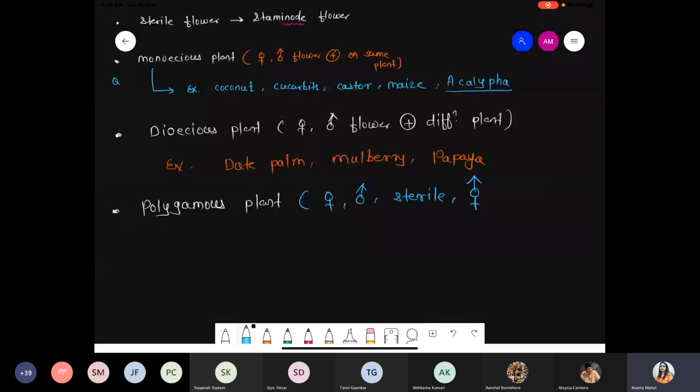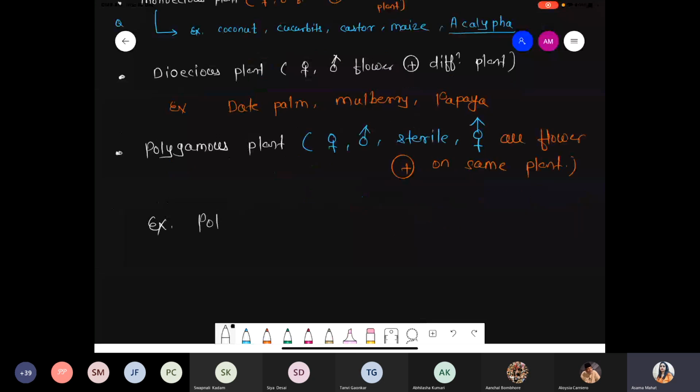Such a condition, obviously the name originated from Polygonum, so it is present in the Polygonum plant. Another example, lychee. This condition is also present in mango. That's it. Done.